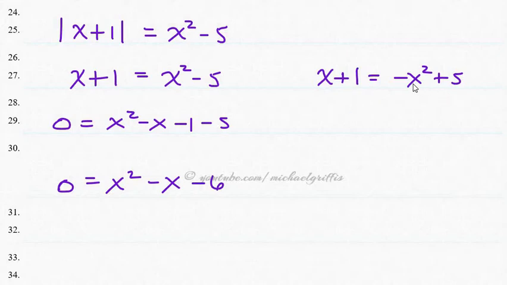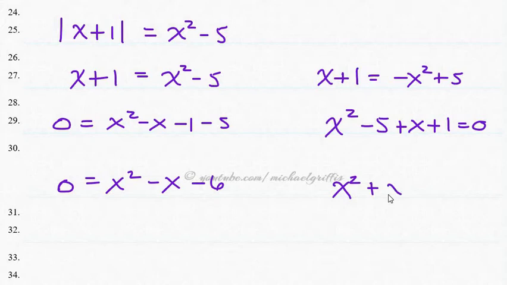Let's bring this over. Since it has a coefficient that's negative, bring over the 5 too. So we're going to have x squared plus x.